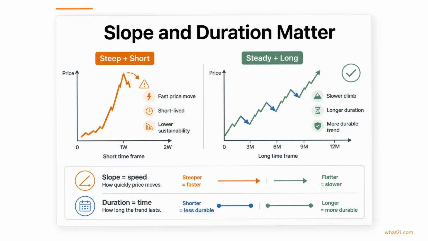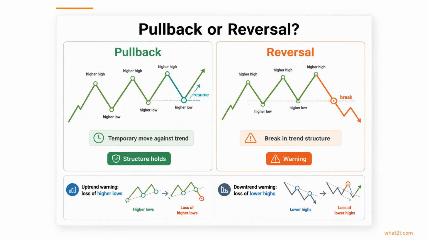Duration matters because a trend that is held together over time usually deserves more respect than one that just started. In practice, the best trends are often not the fastest ones, but the ones that remain intact through normal pullbacks. A pullback is a temporary move against the trend, while a reversal is a true break in the trend structure. In an uptrend, a pullback is normal as long as price eventually holds above the prior higher low.